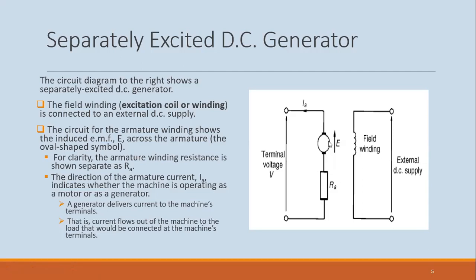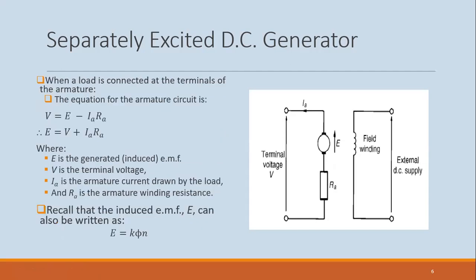That is the usual way of representing the machines, whether self or separately excited, segregating the armature winding resistance from the rest of the armature.